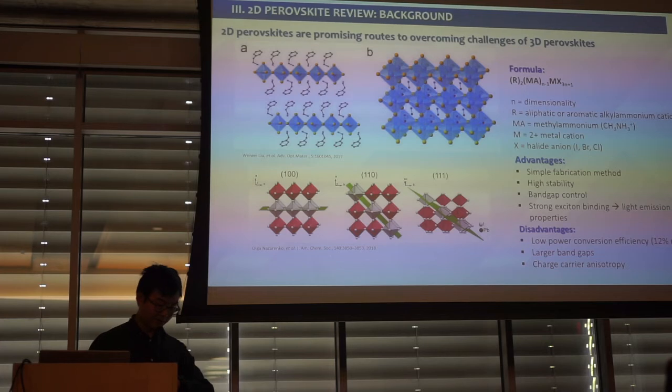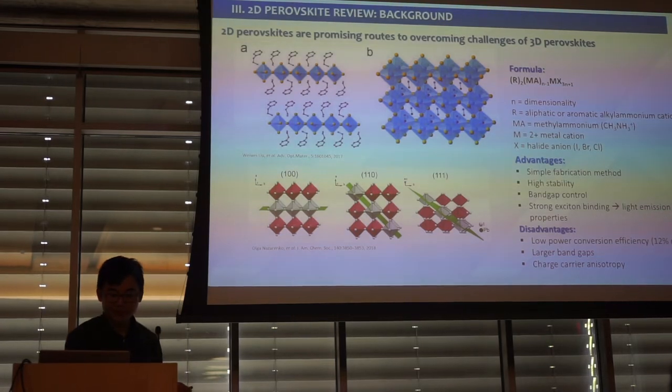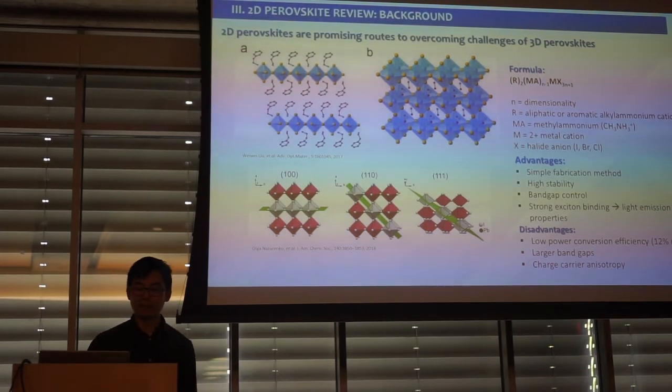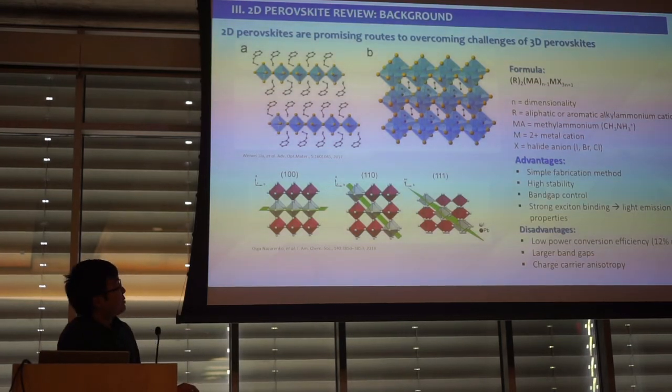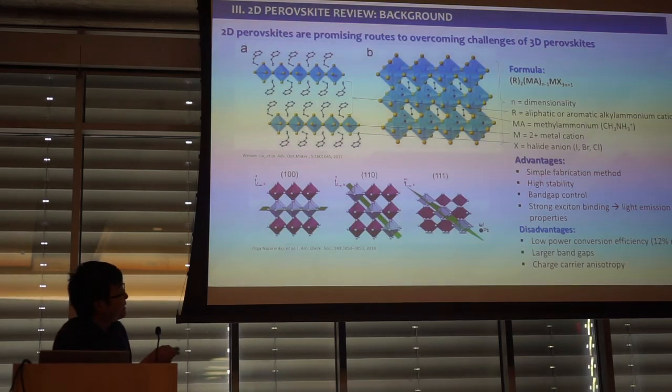Okay, so I think we have some time. We'll talk about some work that I did on 2D hybrid perovskites. So 2D hybrid perovskites are a type of perovskite material that follows the formula that you see right there, R2MAMX. And the main difference between the 2D and 3D perovskites is this R molecule right here.